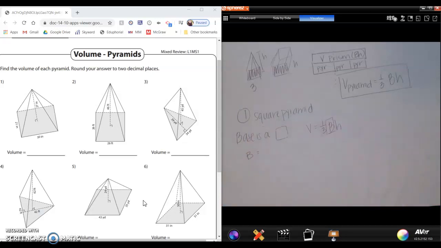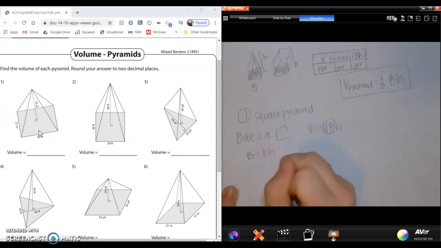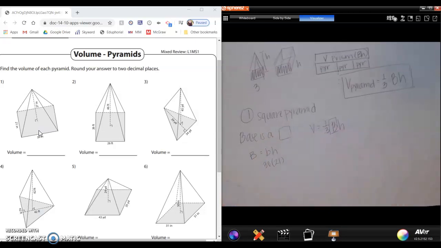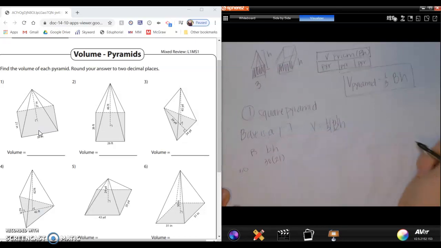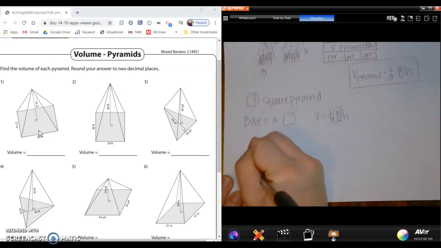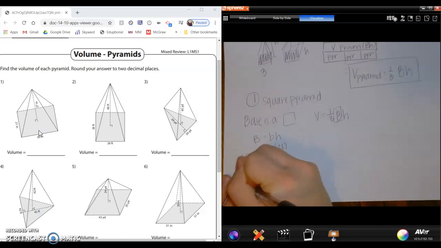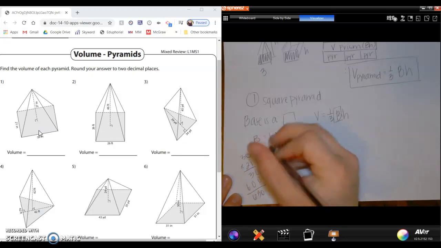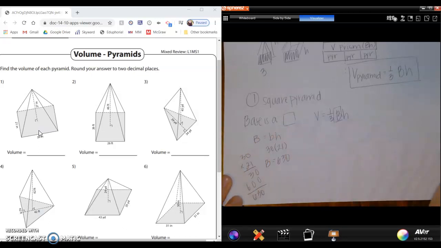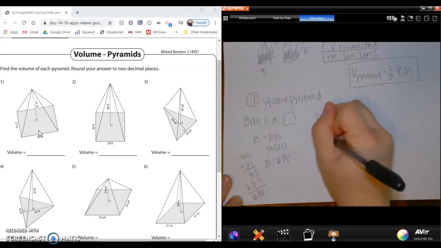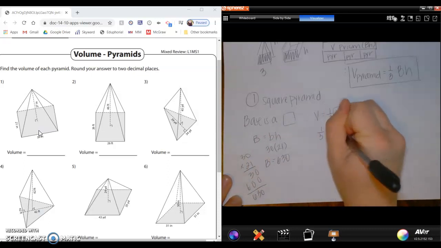The base is 21 by 30, and since it's a rectangle, that's length times width. 30 times 21 gives us 630. So the area of that base is 630, and that gets substituted in. So I have 1/3 of 630.